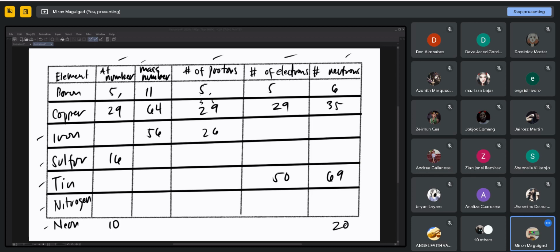Hello. Tandaan po natin guys, recorded po itong scores ninyo, at i-forward ko po ito sa mga teachers po ninyo sa science. Okay? Thank you.